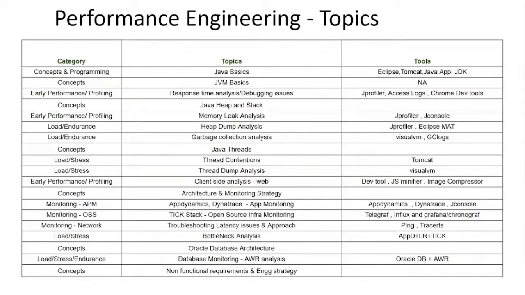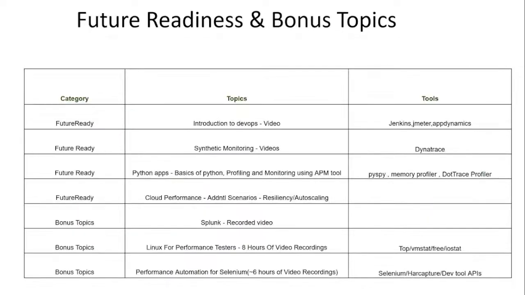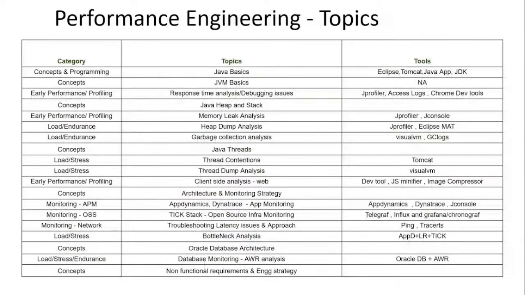There are going to be very common topics like AppDynamics, Dynatrace, Grafana monitoring, Oracle database, client-side profiling, engineering strategy, and then your synthetic monitoring, your resiliency or cloud performance, all very generic in nature, not specific to a programming language or a technology. But the other things like your heap dump, thread dump, GC analysis, thread contentions, memory leak analysis, all these things are going to be part of Java.